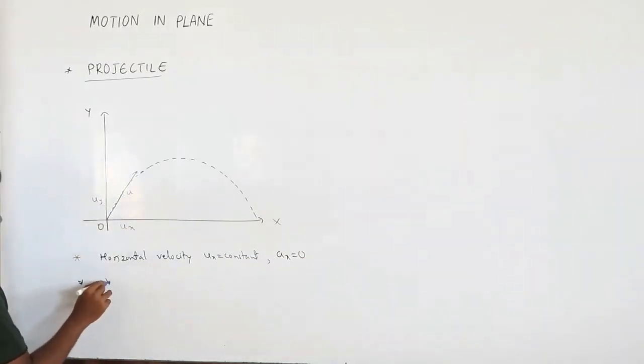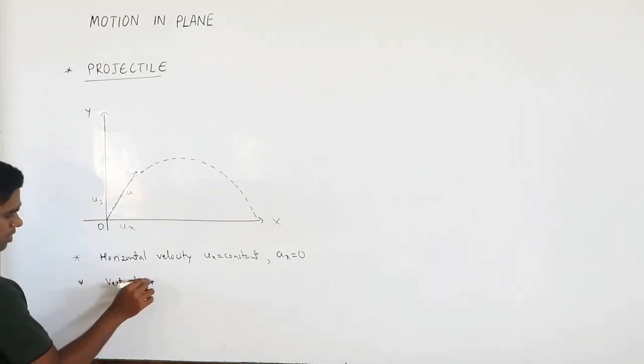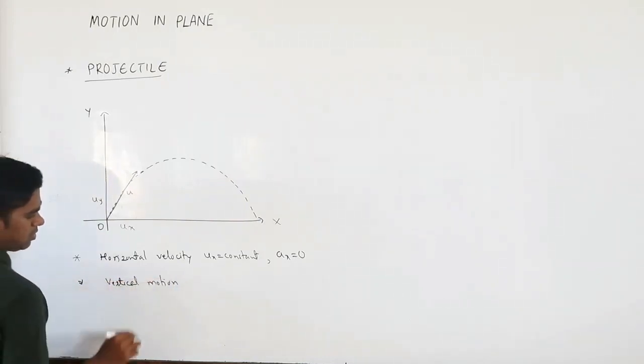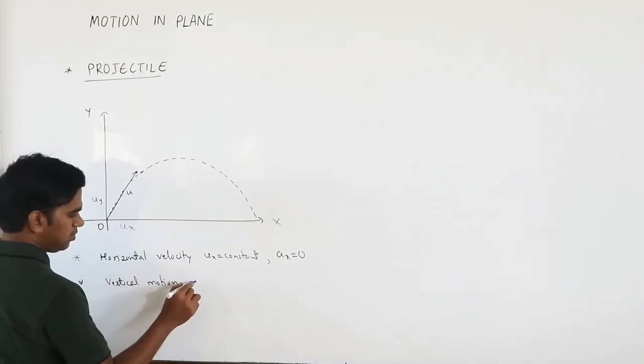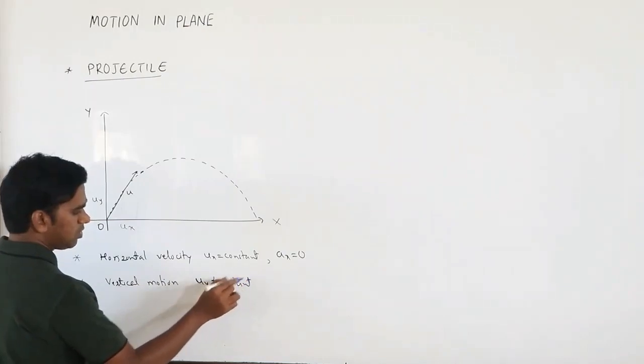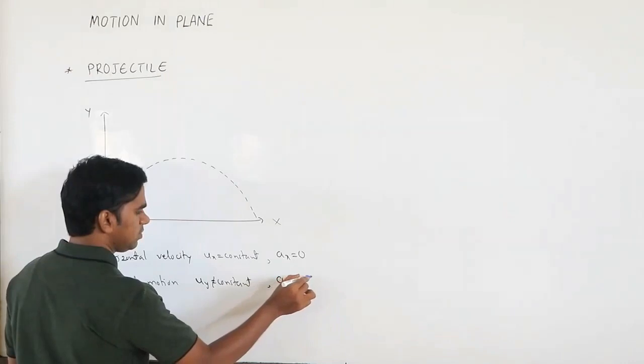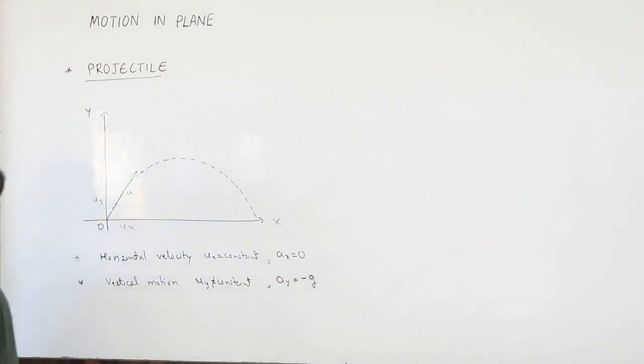The vertical motion. What is the acceleration? uy is not constant. uy is not constant, so what is the acceleration? ay is minus g.